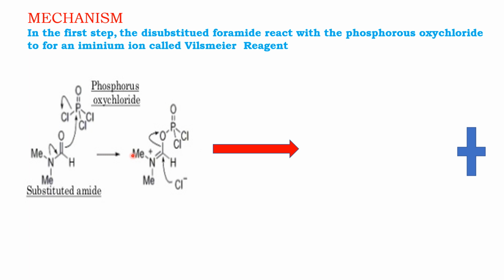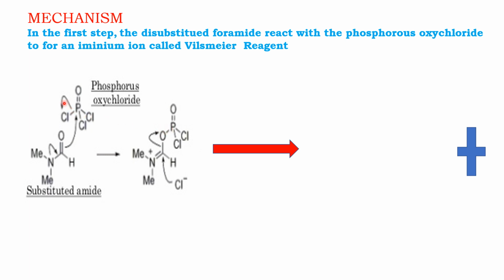And I will get Me, N, Me. The nitrogen has lost a lone pair of electrons, so there is a positive charge over nitrogen. Nitrogen carbon double bond. There is a hydrogen already here and oxygen linked to phosphorus.